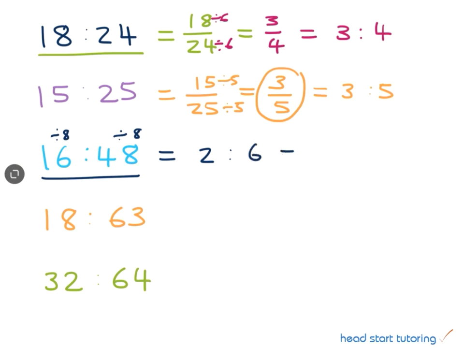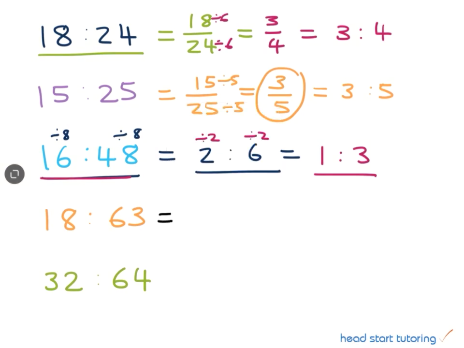Right, so we can see that we can simplify 2 to 6 even further. What we need to do is find another common factor. So we divide both 2 and 6 by 2. And we end up with 1 to 3. So 16 to 48 as a simplified ratio is 1 to 3.